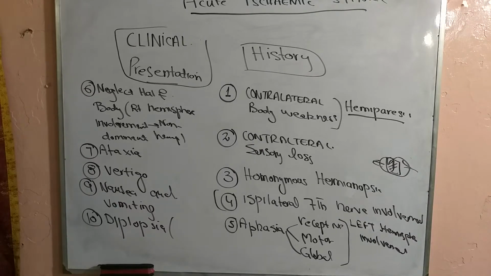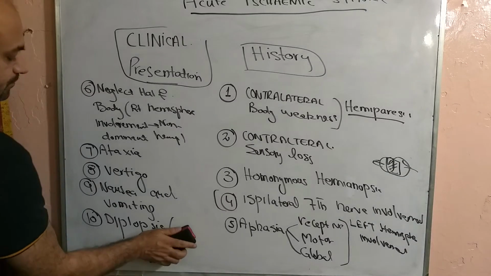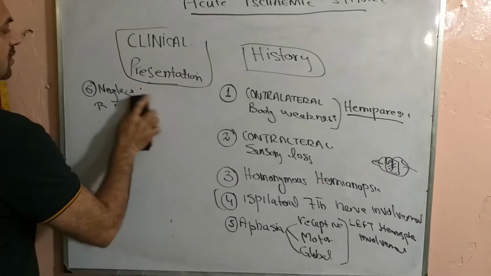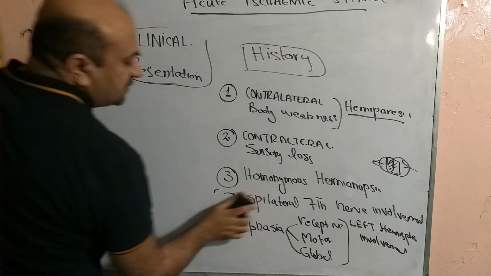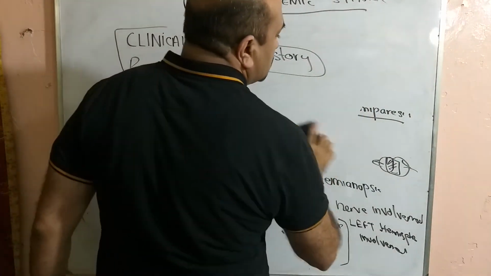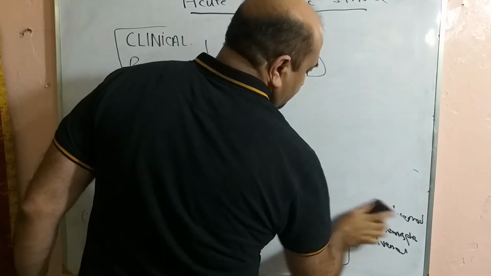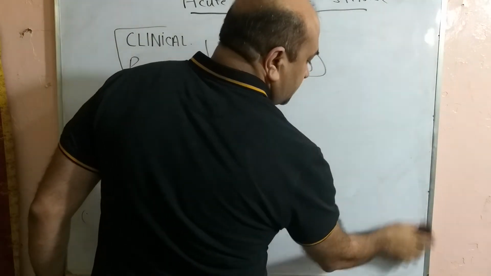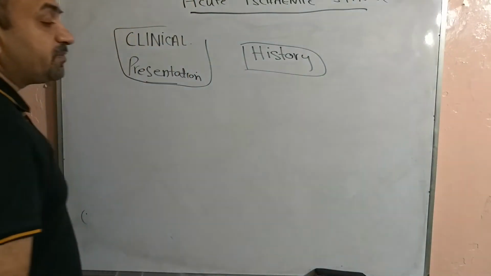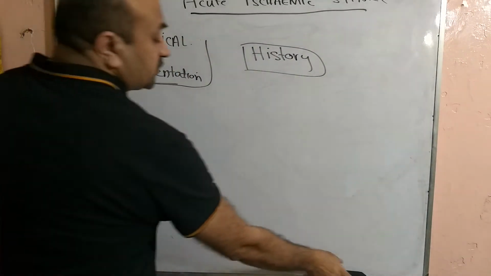Now, what is the physical examination of the patient? In the physical examination, we should remember a very important scoring system which we call the Rosier score. Majority of these patients do not present with loss of consciousness, but if they present really late, there may be a loss of consciousness.